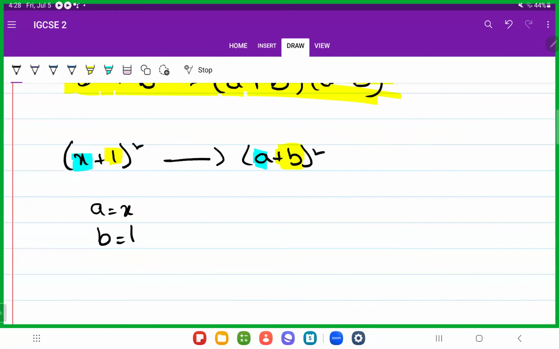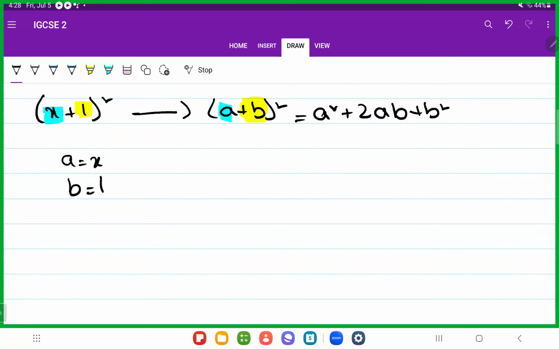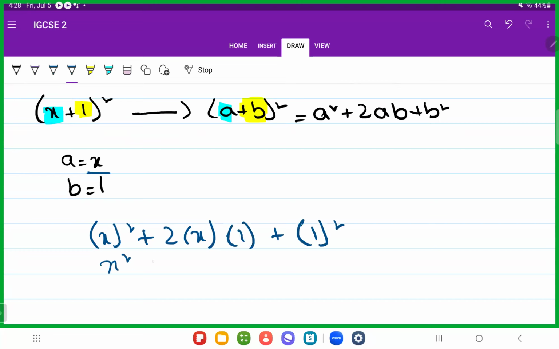This is opened with a square plus 2ab plus b square, so we just have to fill in the letters. A square is x square, plus 2 times x and 1, plus b square, which is 1 square. This will be x square plus 2x plus 1. Make sense?